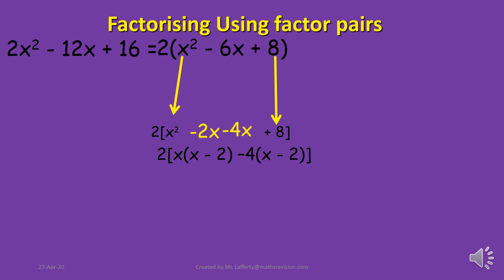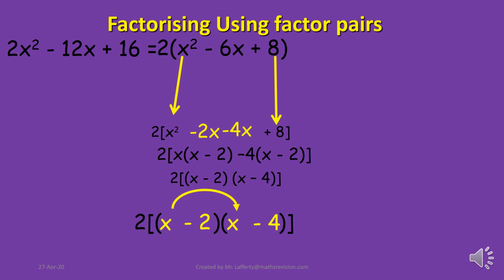Inside the brackets we factorize the trinomial, which gives us the double brackets. Now we've got 3 factors including the 2, and if we expand everything, it will give us the original. Alright, so there we go.